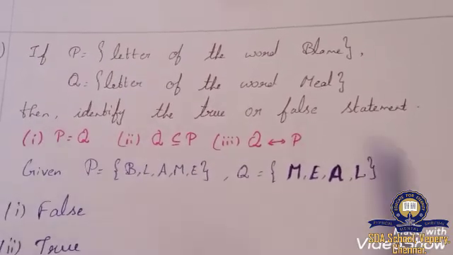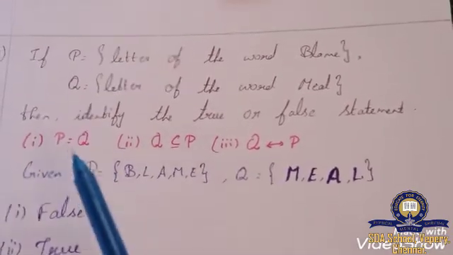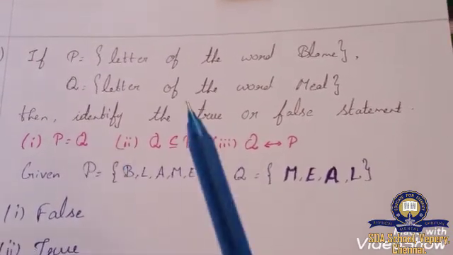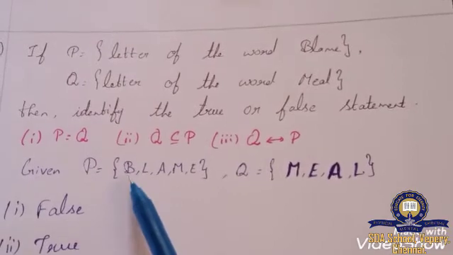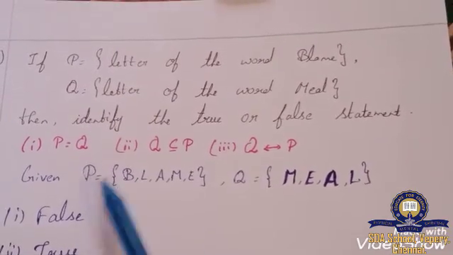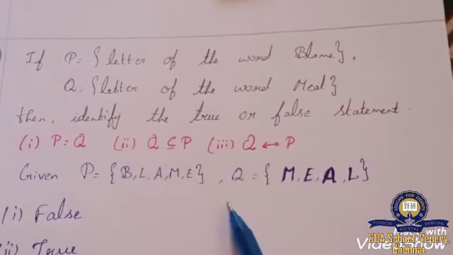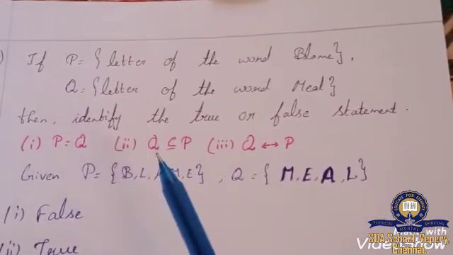So the statement P equals Q is false, because B belongs to P but B does not belong to Q. Therefore it is a false statement.